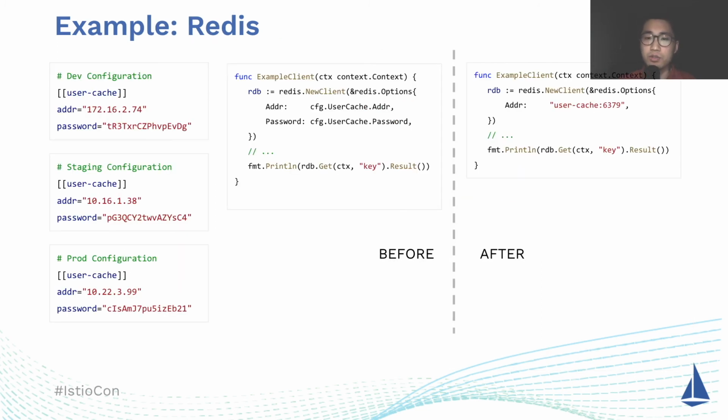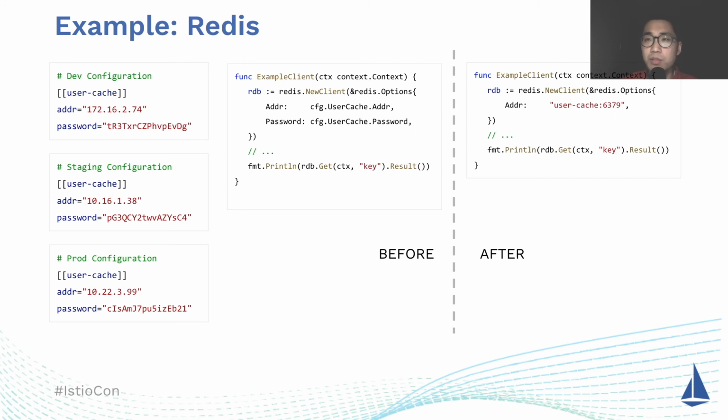Here is pseudo code before and after we use Aeraki. On the left, there are 3 configurations to record the Redis addresses and passwords for different environments, like dev, staging, and prod.